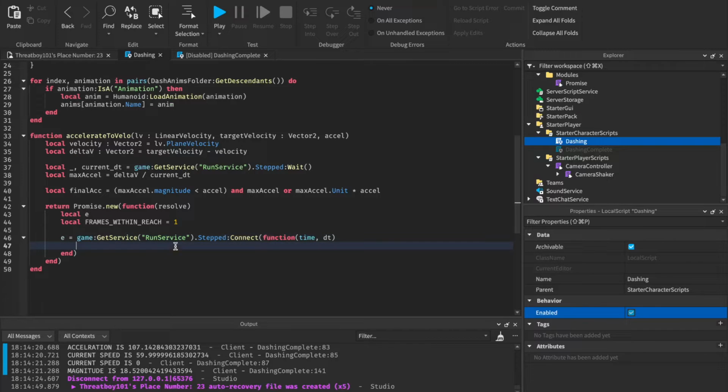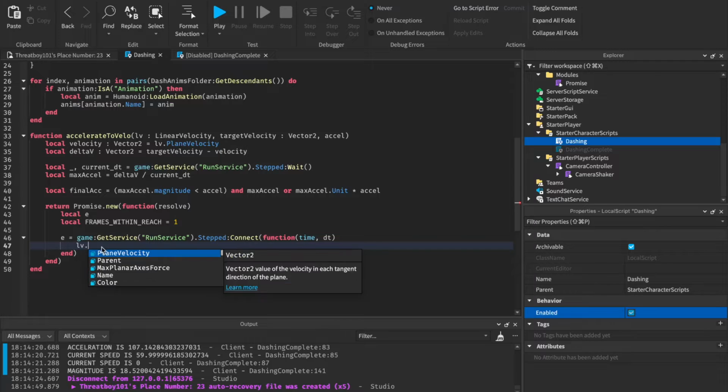That's Stepped because we want to change our velocity prior to the physics step, before any sort of physics simulation is done within the frame. If you're familiar with Heartbeat, it happens after physics simulation. But since we're trying to modify the velocity, we want to modify it prior to the physics simulation.